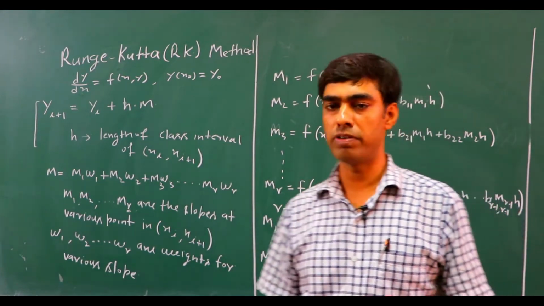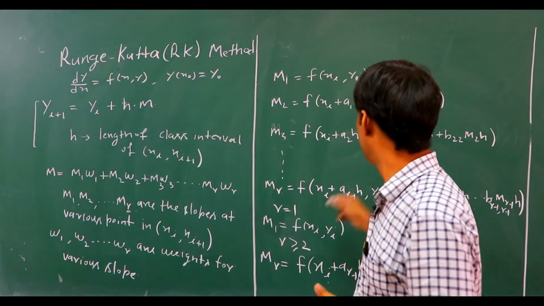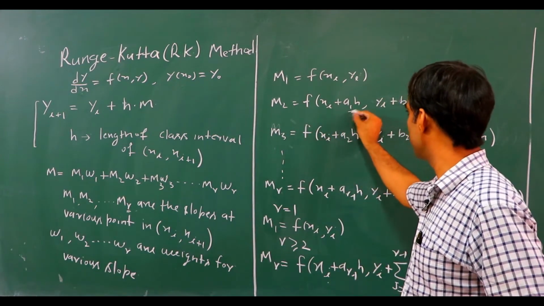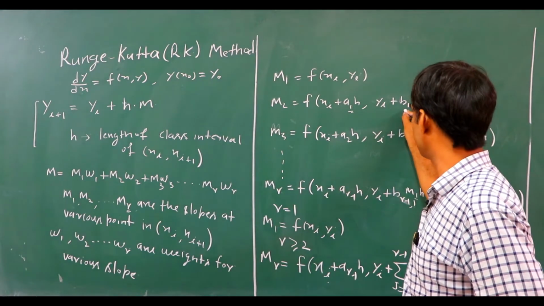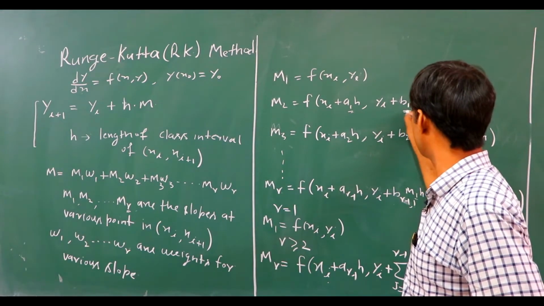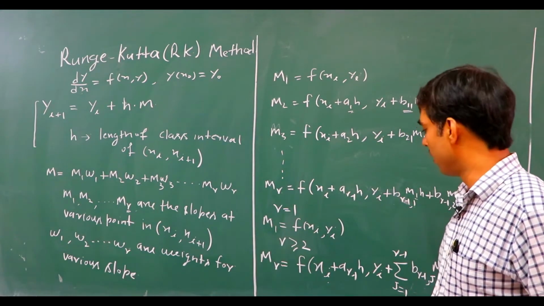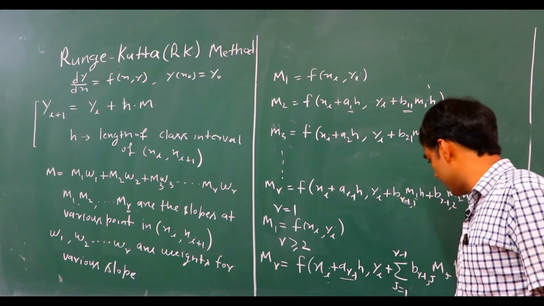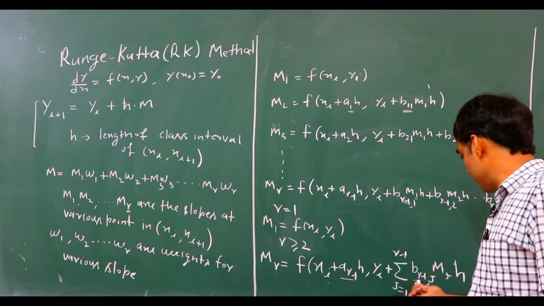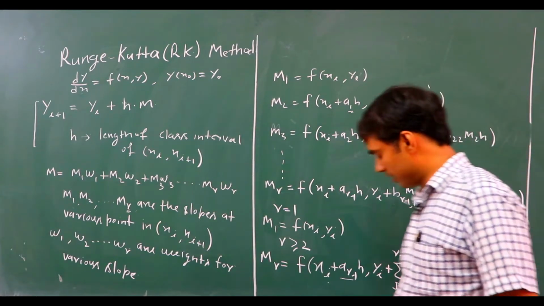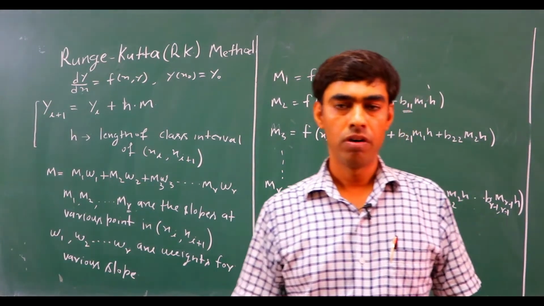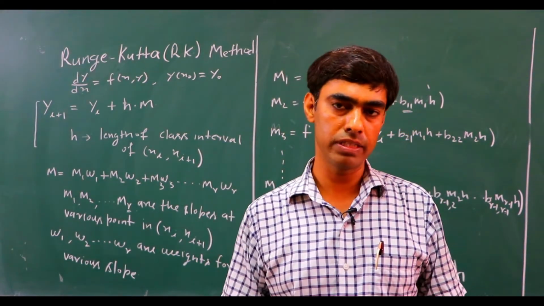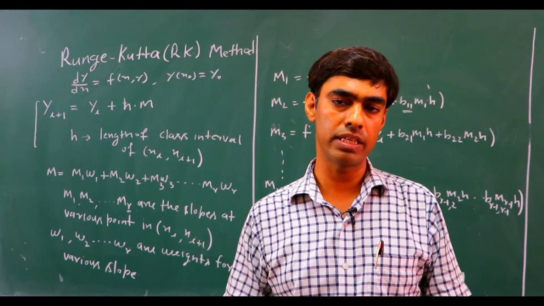Basically M1, M2, M3, Mr are defined like this. Once we find the values of W1, W2, W3 and these constants, to find the value of M2 there is a need to find the value of a1 and b11. Similarly, to find the value of Mr there is a need to find the value of a_{r-1} and V_{r-1}. So what is required for the first, second, third, fourth order derivative?